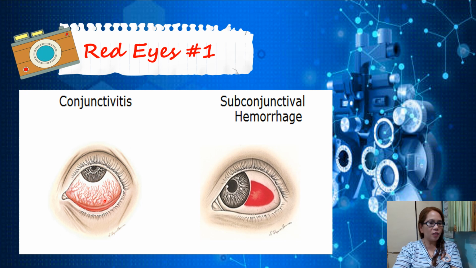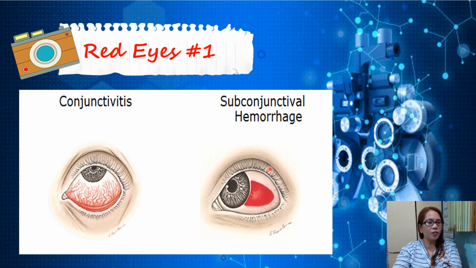Kaya napansin mo, nakikita na rin sa sclera yung redness. It is characterized by redness and gritty sensation in your eyes, along with itching. Di ba, na-experience nyo na yan.